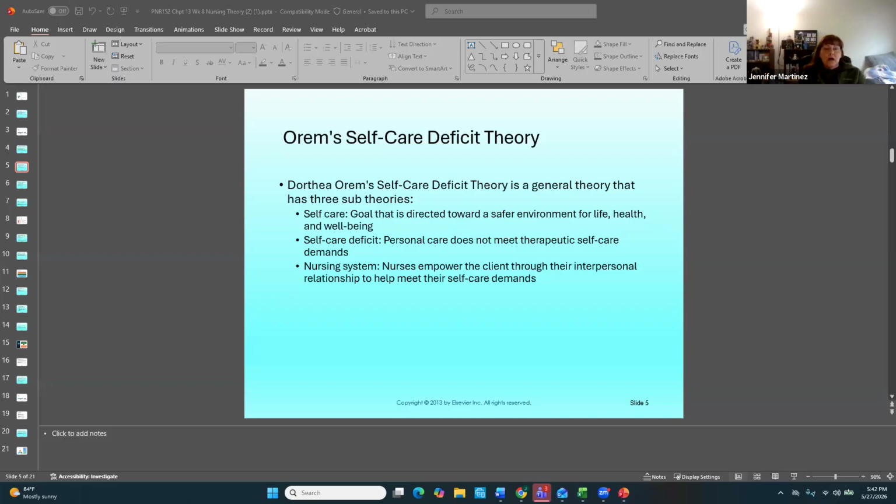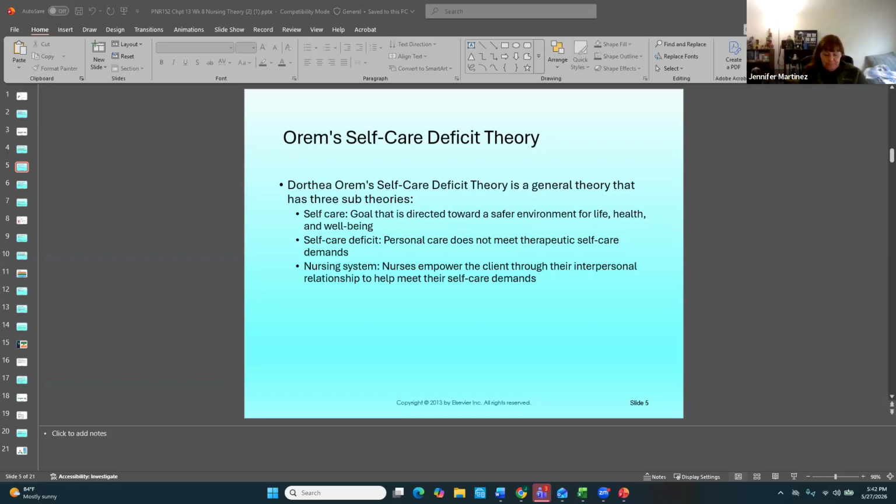And then we have the nursing system. Nurses empower clients through their interpersonal relationship to help meet their self-care demands. Okay. So we respond to people's care needs totally, partially, or sometimes in a supportive role. But Orem's theory is concerned with growth and development needs as well as the physiological and the psychological needs.